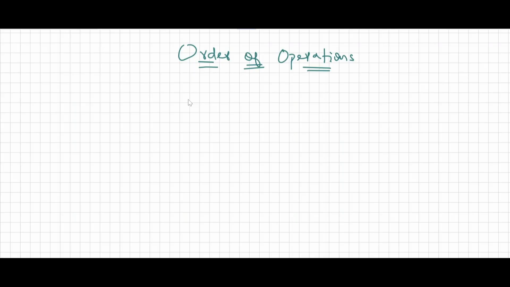So now we are doing the order of operations. So what should be the order of operations? Means if we have operations like plus, negative, divide, and multiplication, what should be the first, and what should be the second, and what the pattern should be? So let's start with some notes.